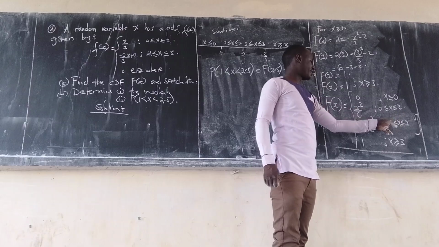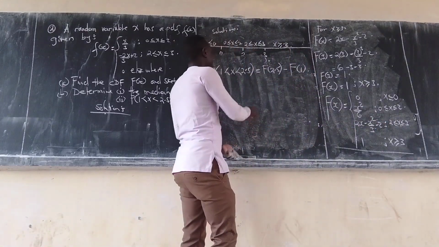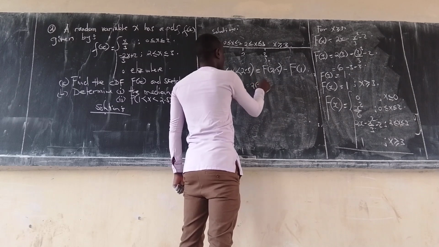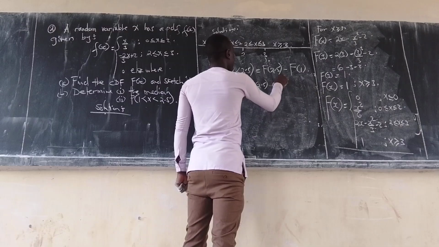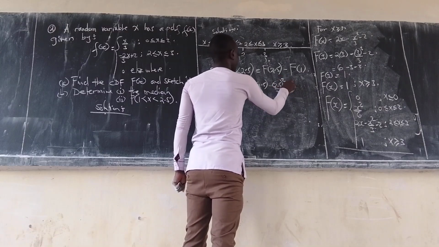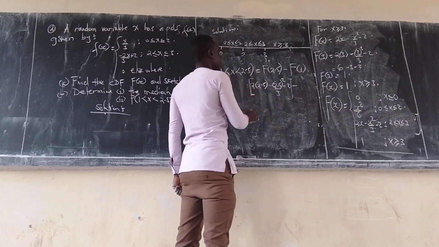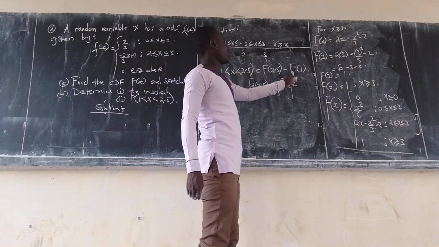You put 2.5 in this function. So it will become 2 times 2.5 minus 2.5 squared over 3 minus 2. Now that whole thing is going to be minus capital F of 1.